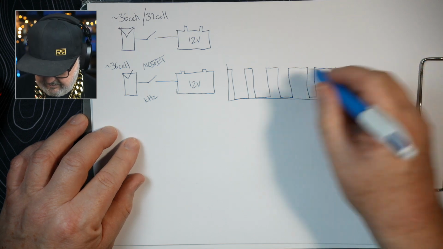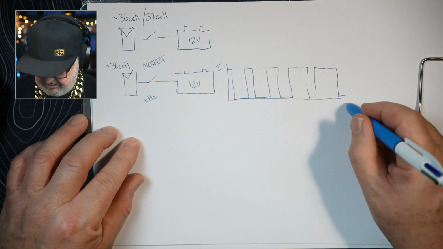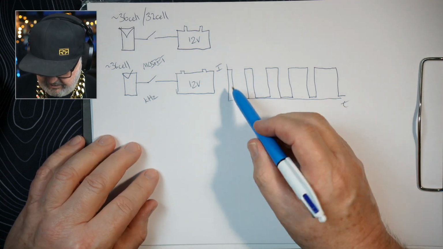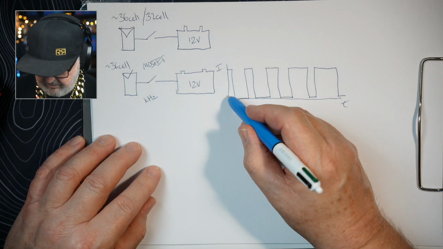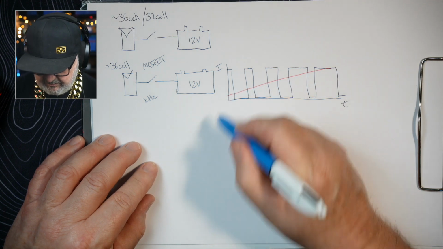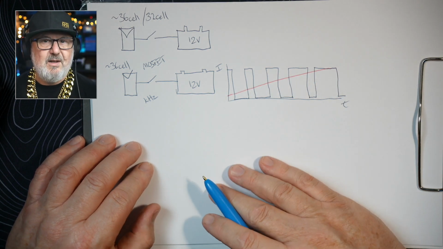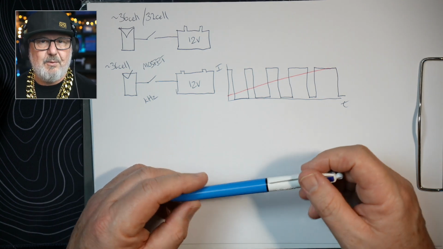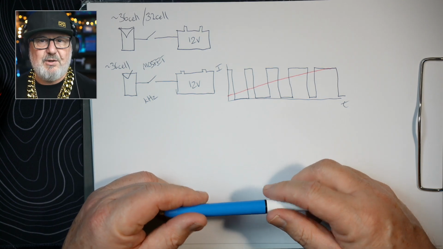So this is current here, and this is time here. Now, what that does is mean the average amount of current is going up like this. So the average amount of current going into the battery. Now, of course, that can be for like slow, soft charging, maybe for a battery that's very depleted, but also it can do the reverse.